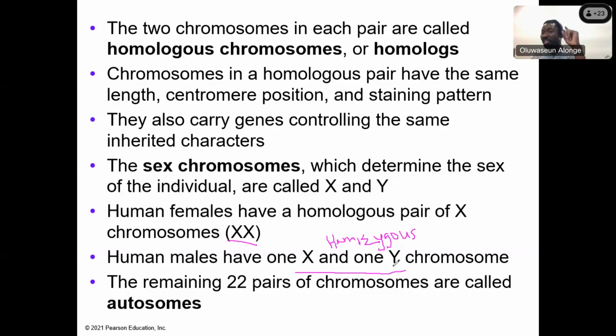Now there's a disadvantage with that. If there's a disease that is carried on an X, any male that has that disease will be really affected, because it means that all the X are affected, even though it's just one X. It's just like if I have one phone and I lose it, I have lost all my phone.